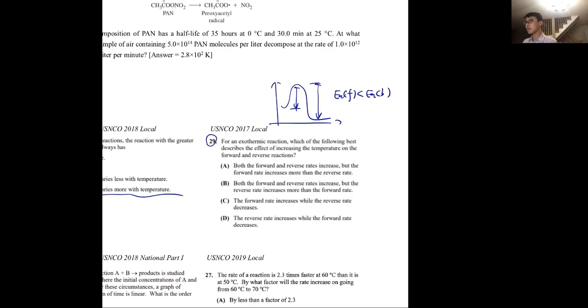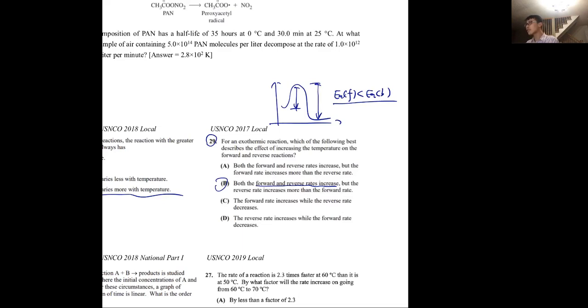Obviously, if you increase the temperature, both the forward and reverse reactions will increase, but the reverse one with a higher activation energy will increase more. So how will the equilibrium shift, to the right side or the left side? It will shift to the left side, because the backward reaction rate increases more.